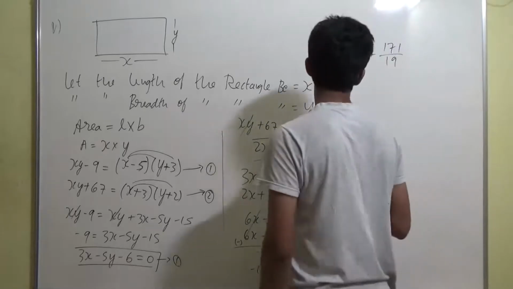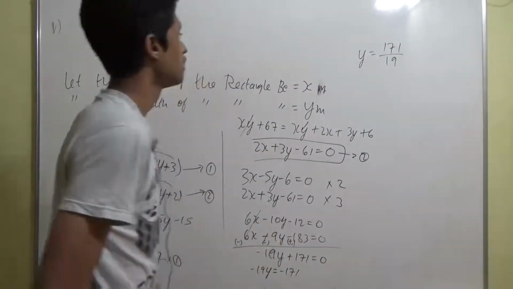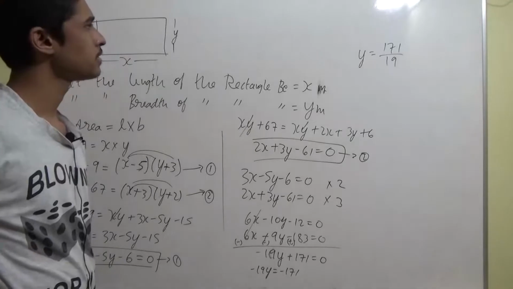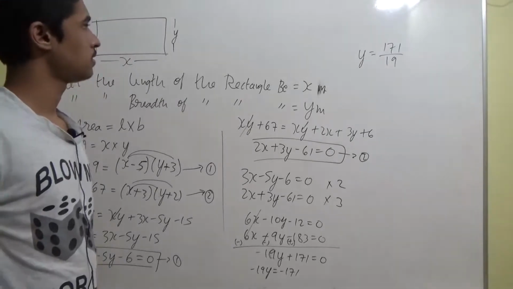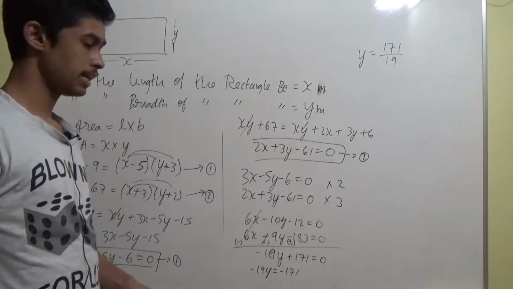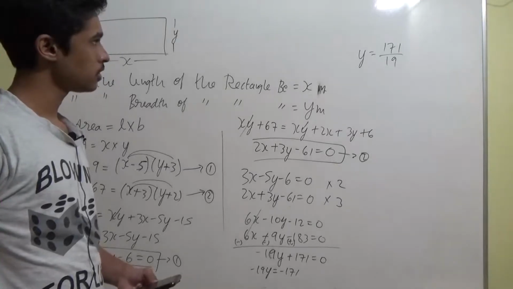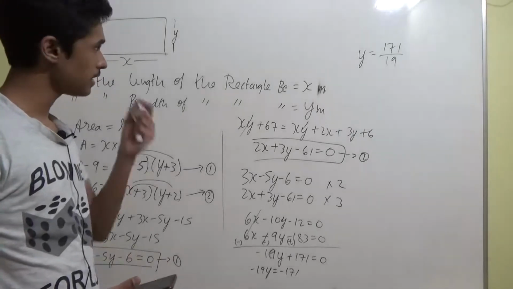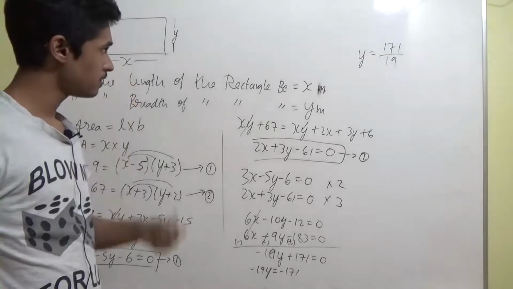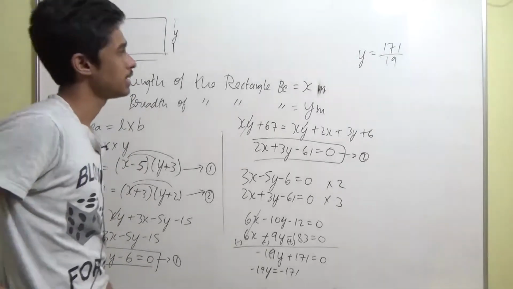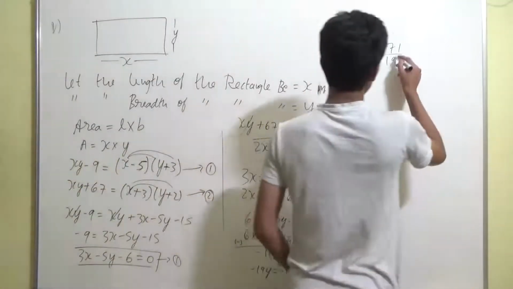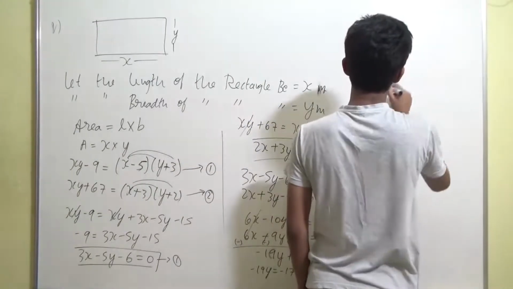So what is 171 by 19? What is it, guys? To be honest, even I don't know, because I don't know the 19 table. I think it is 9. 190. It is 9. So y is equal to 9.